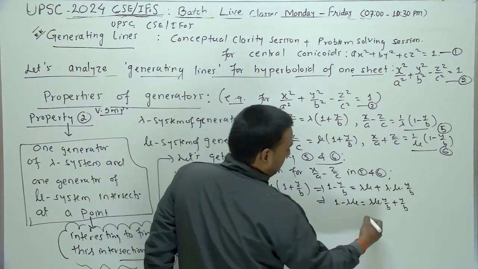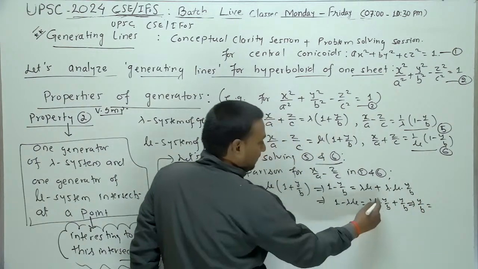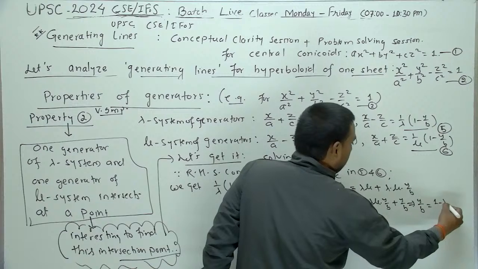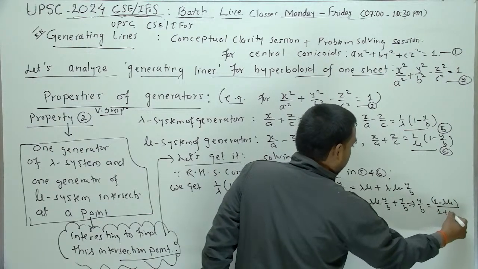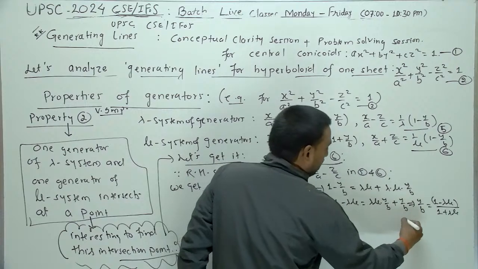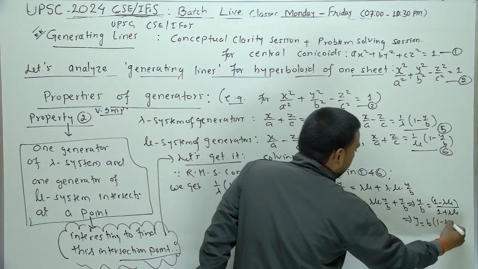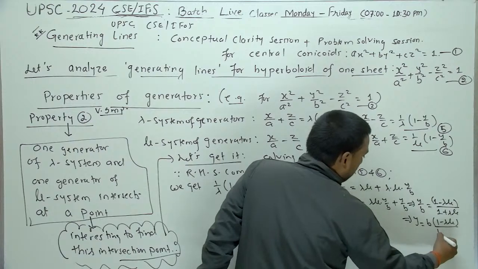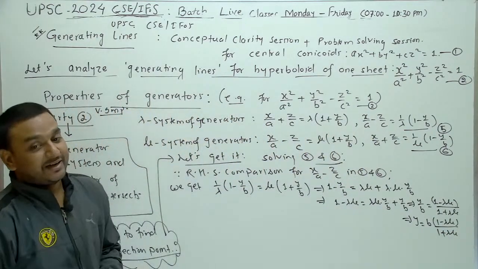So this implies y by b equals 1 minus lambda into mu upon 1 plus lambda into mu. So y equals b into 1 minus lambda into mu upon 1 plus lambda into mu. Right or not?